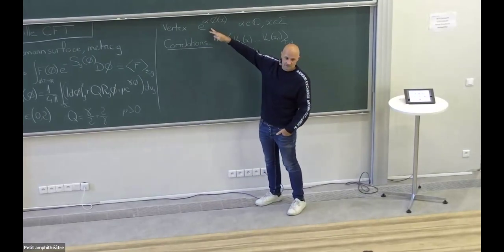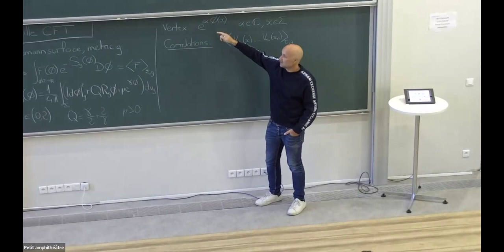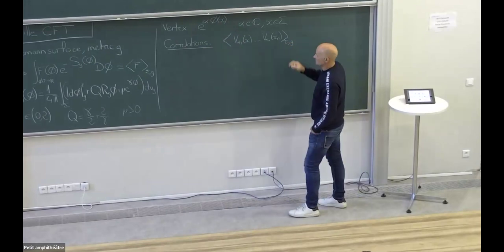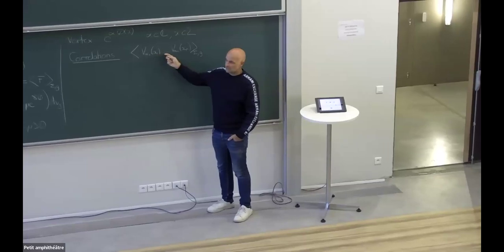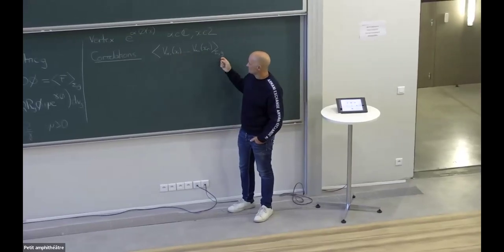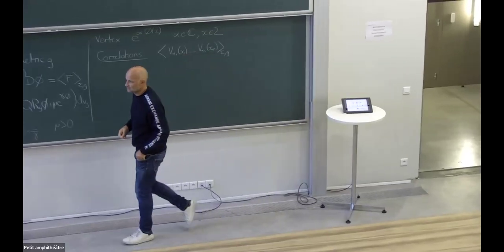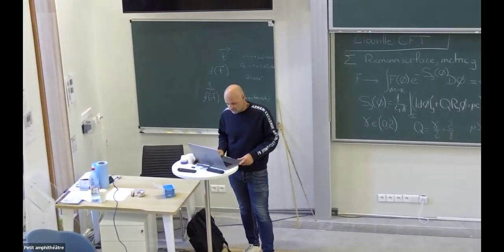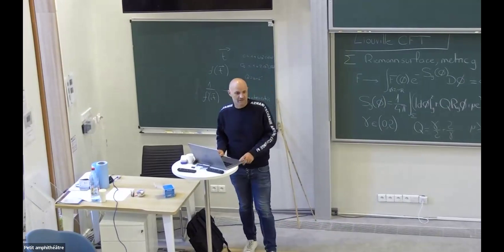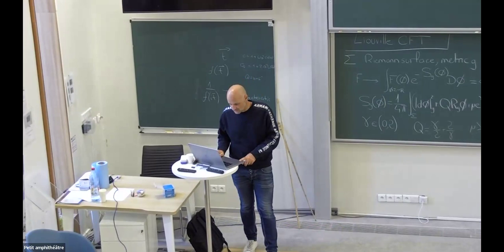Basically, they are just exponentials of the field, evaluated at a point on the surface. You form a product of various vertex insertions, and you take the expectation values. You want to compute these quantities in a reasonable way. There are many ways to compute them. Reasonable means that we are trying to connect with the representation theory, at least a little bit.